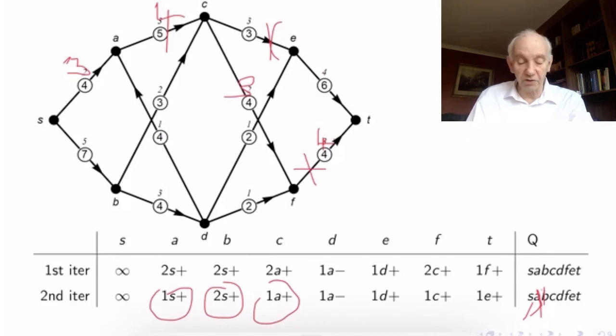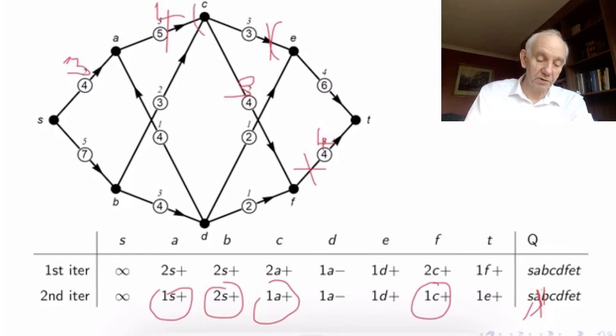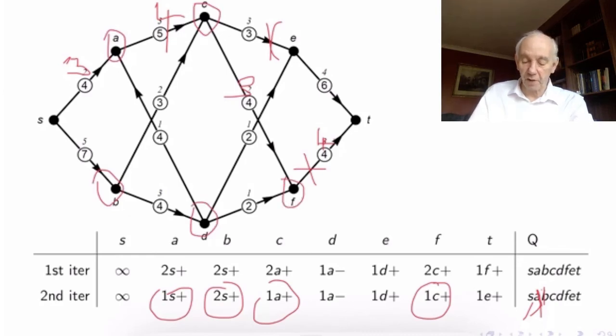And then we go on to C. Now again, we can still see F from C, but there's only one spare capacity of 1 this time. That does C. So let me just circle the vertices that have been seen, so to speak, in the Q.